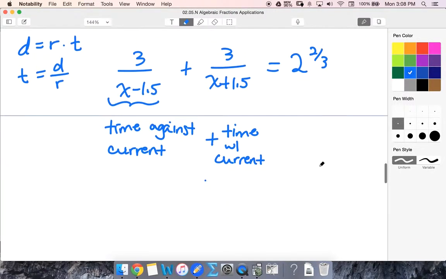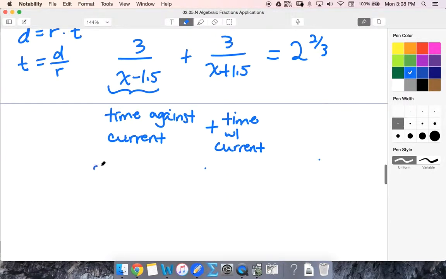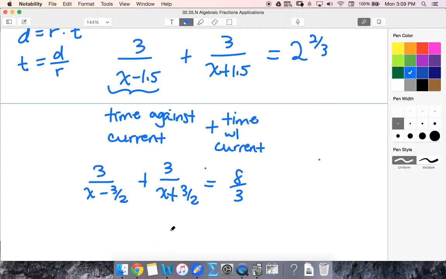I'm going to start by making this all fractions. So 3 over x minus 3/2 plus 3 over x plus 3/2 equals 8/3. Just looking at all these fractions, I don't want to look at them, so I see a least common multiple of 6, and I'm not even thinking of the full denominator here.